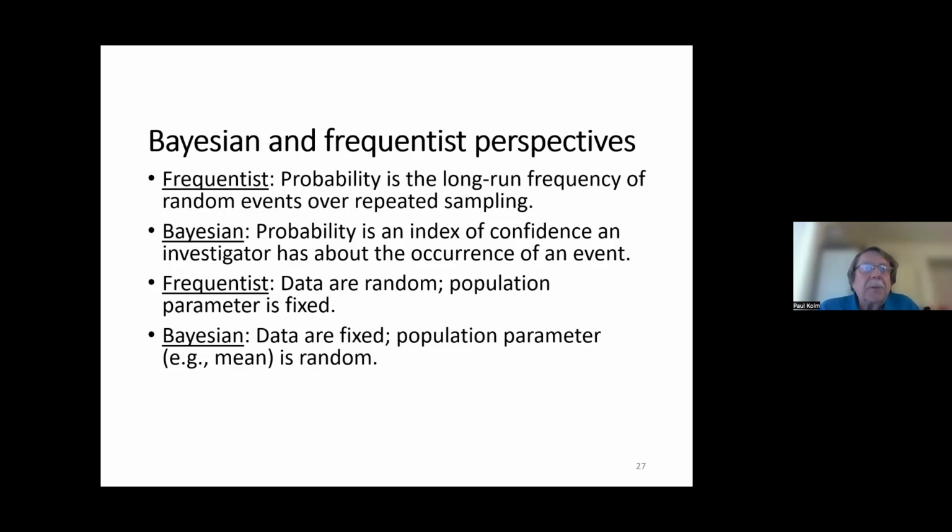From the Bayesian perspective, it's an index of confidence that an investigator has about the occurrence of an event. Even though they're sort of similar, there is a difference in the way Bayesian statistics are calculated and interpreted.